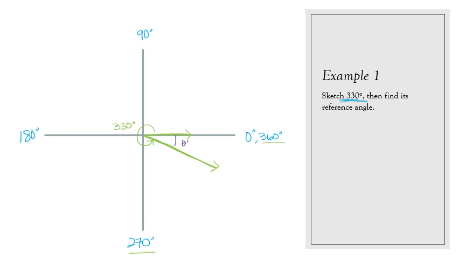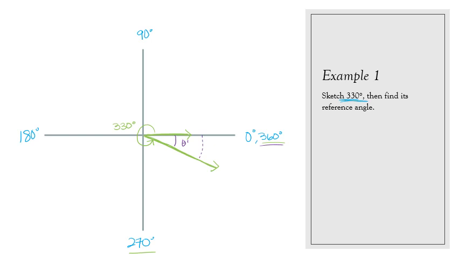So if we're trying to figure out how many degrees that is, and I think I mentioned this a little bit already, I personally try to ask myself, okay, if this is 330 degrees, how many more degrees is it to get all the way back up to my x-axis that's represented by 360 degrees?